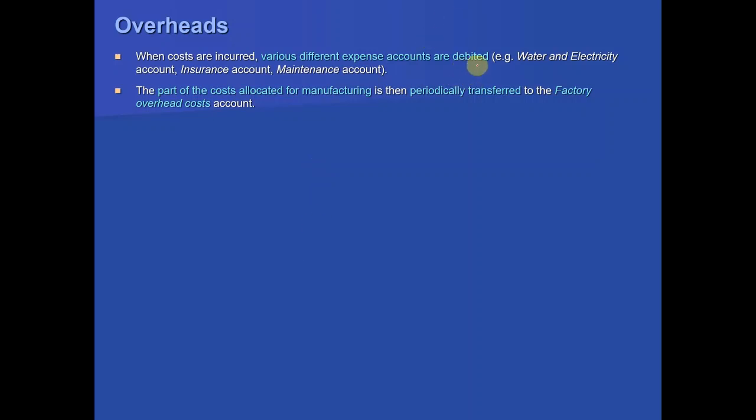So only certain portions of these cost accounts are transferred to the manufacturing or the factory overhead cost account, only those that relate to manufacturing.